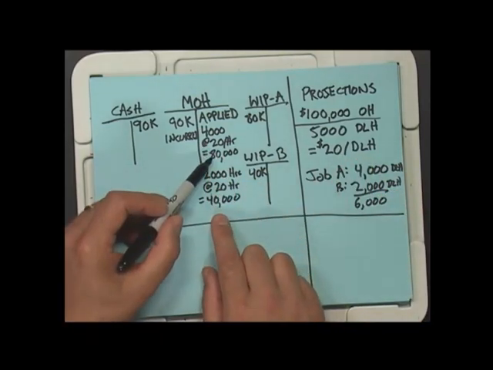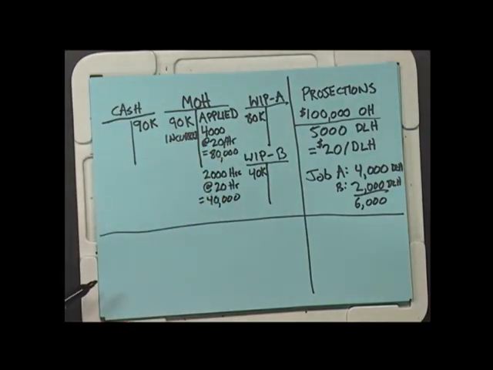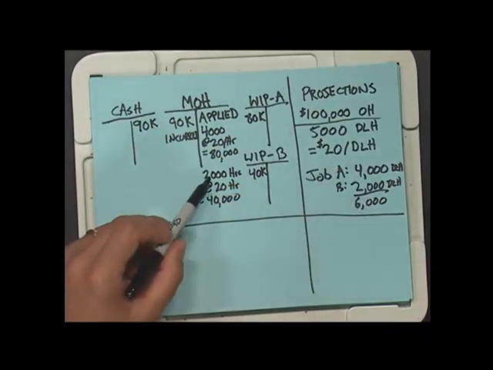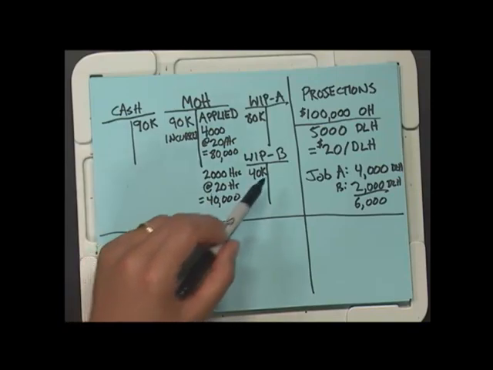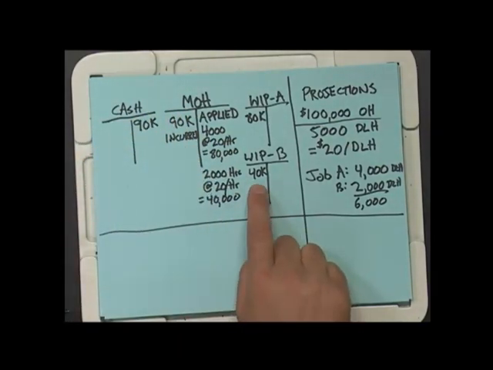Since job A had 4,000 hours, 80,000 go into the account for work in process of job A. Job B took 2,000 hours, so it gets 2,000 at $20 an hour, and that gets 40,000.